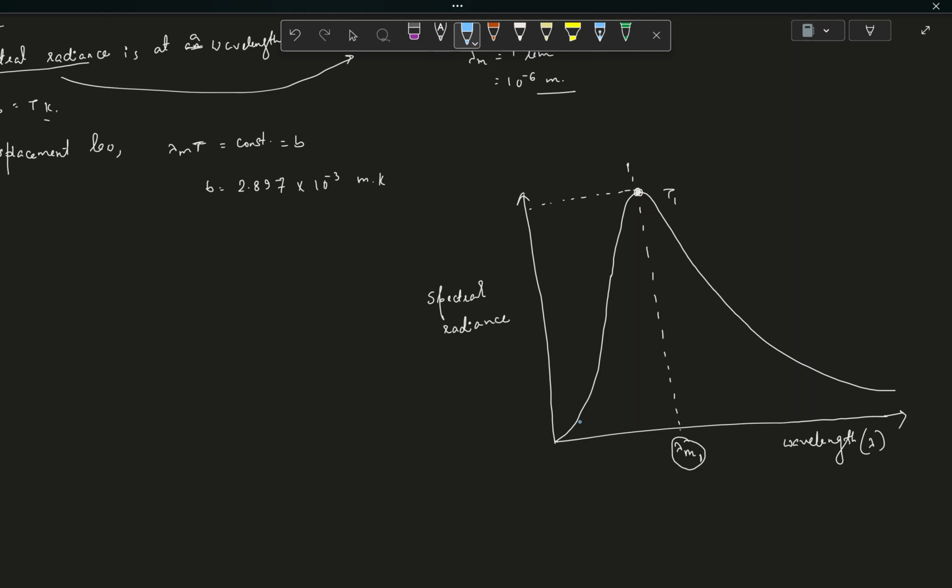We can draw another curve, where I am using blue.